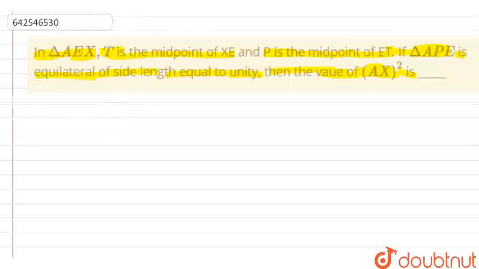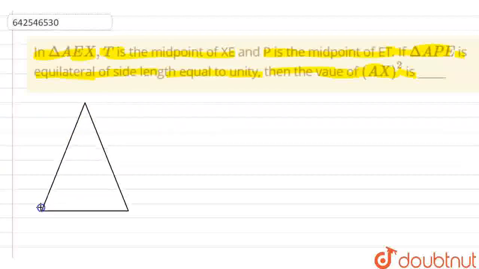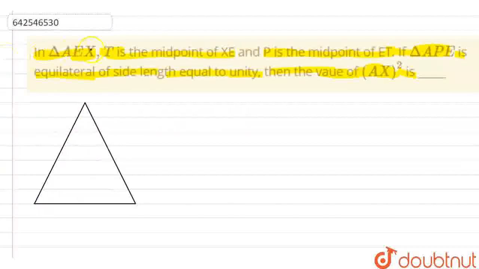So first of all, for understanding this question, let's make a triangle. Let's say this is a triangle AEX. Now it is given that T is the midpoint of XE, so let's say this is the point that is the midpoint of XE, and P is the midpoint of ET.